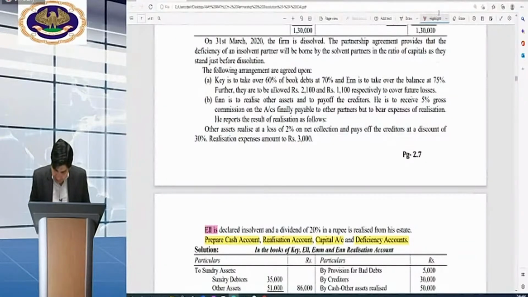Mr. L is insolvent. And what amount are we getting realized from his personal estate? When the question says dividend of 20% in a rupee, it means that if 1 rupee is there, then 20 paisa is being recovered, realized. It means 80 paisa is being transferred to the deficiency account.